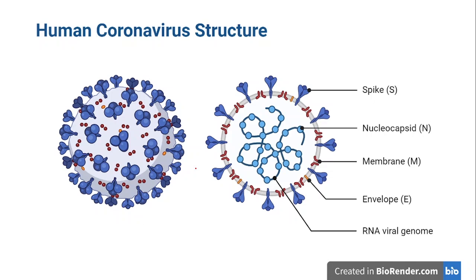We'll talk about the structure of coronavirus. The spike protein looks like a crown, so the name is coronavirus. These are the basic components of coronavirus. The main component is a single-stranded RNA genome, and it contains spike protein, nucleocapsid, membrane protein, and envelope protein.